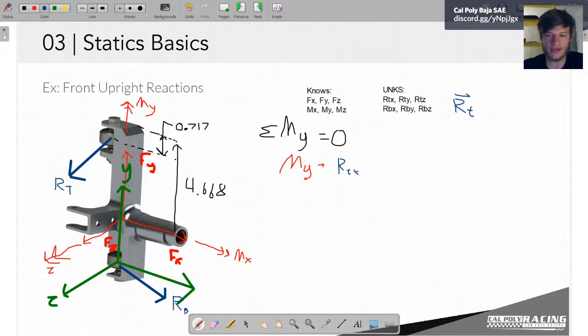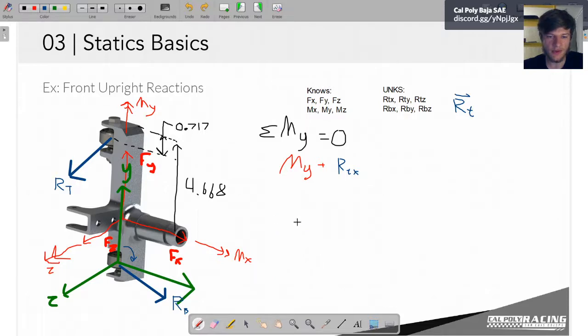We'll start with X, so if we have something pointing in the X direction, acting about this point up here, that means it's going to be rotating like this, right? Oh no. We're trying to find moments about y.